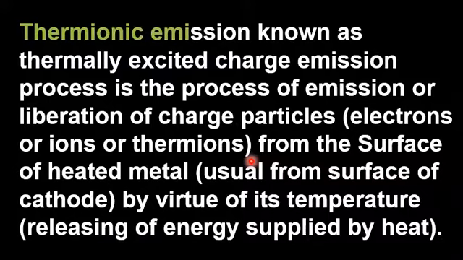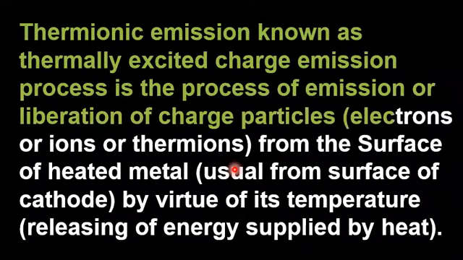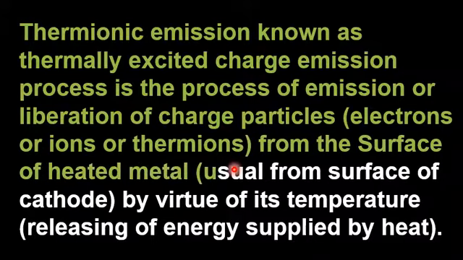Thermionic emission is known as thermally excited charge emission process. It is defined as the process of emission or liberation of charged particles from the surface of heated metal by virtue of temperature.